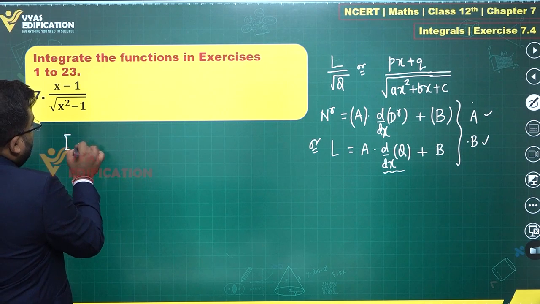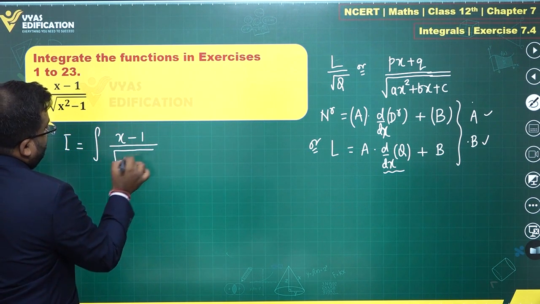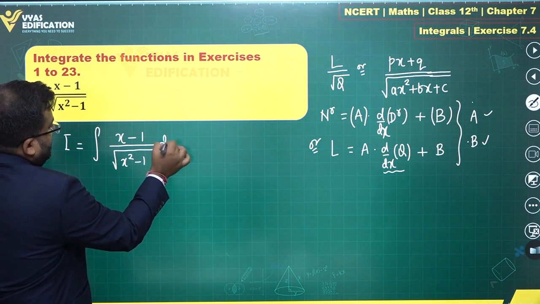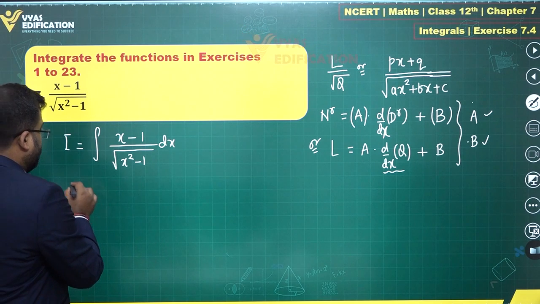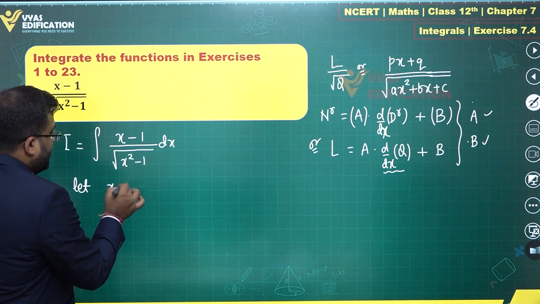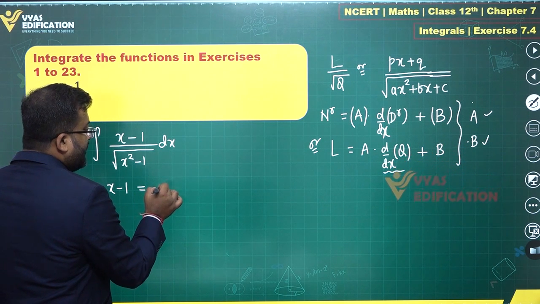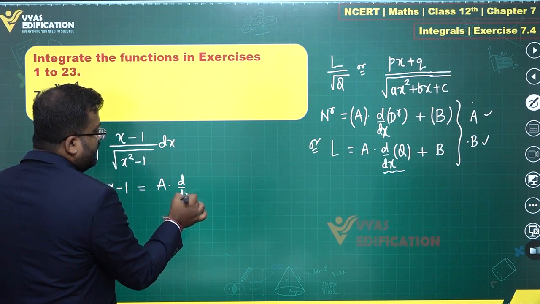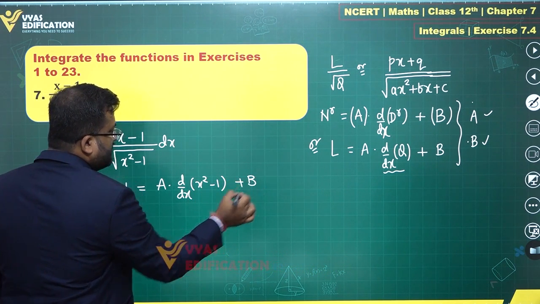I is equal to integral of x minus 1 upon under root of x square minus 1 dx. This is a quadratic in the denominator, and this is the numerator. So we'll use the form: x minus 1 is equal to a times the derivative of x square minus 1, plus some other constant b.